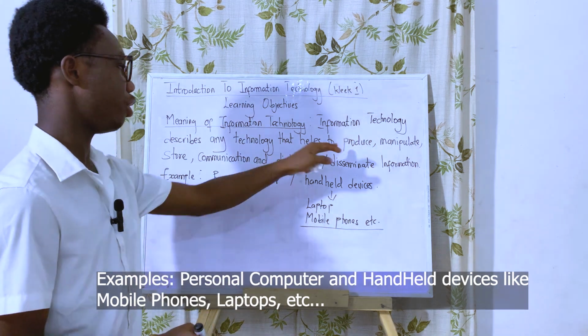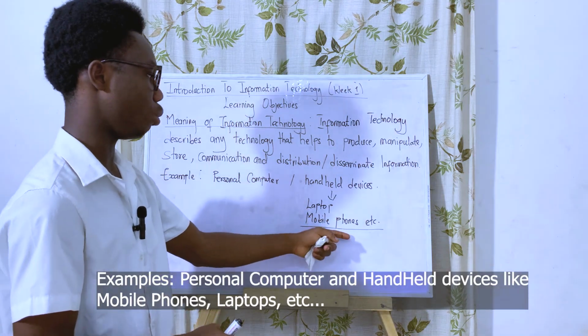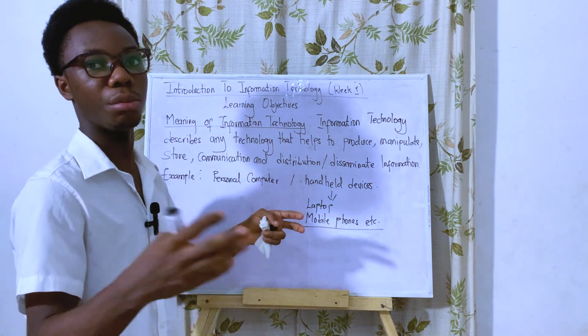Now, for instance, let's use this mobile phone. The mobile phone produces, manipulates, and stores information, communication takes place with it, and it also disseminates or distributes information.